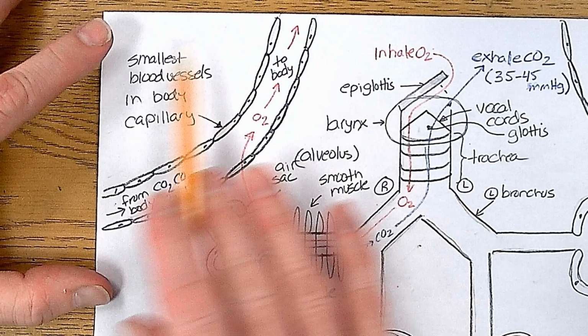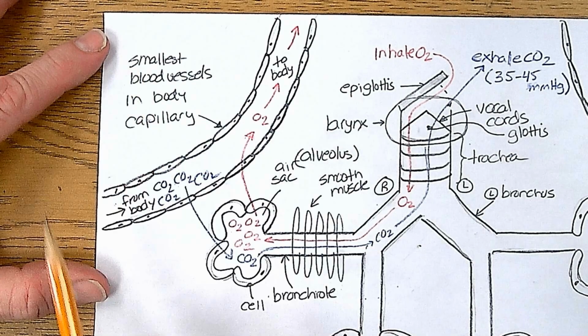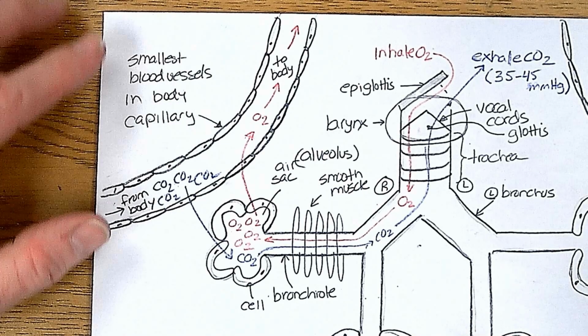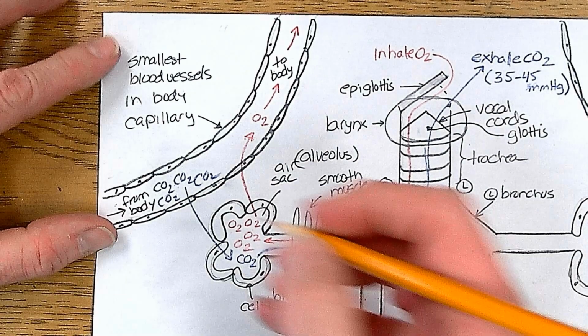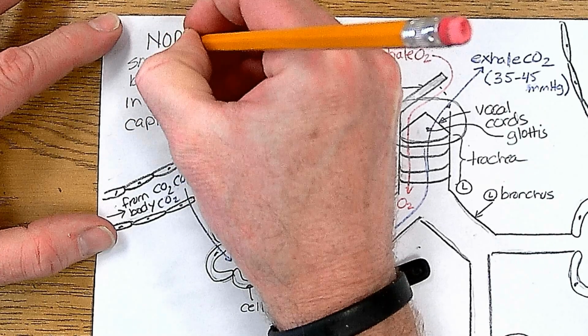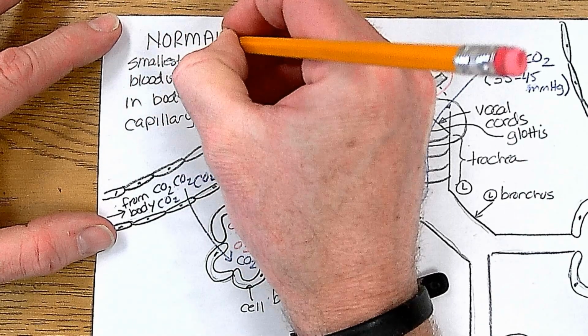So this area here, top left-hand side of your paper, which actually would be the right upper lung of your patient, this represents normal gas exchange and circulation. Okay.